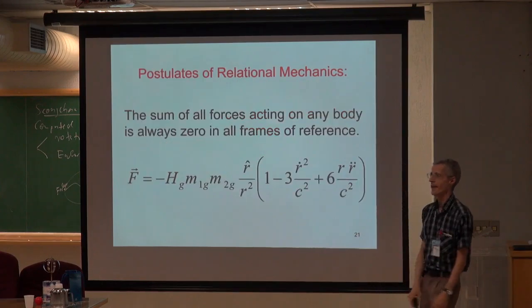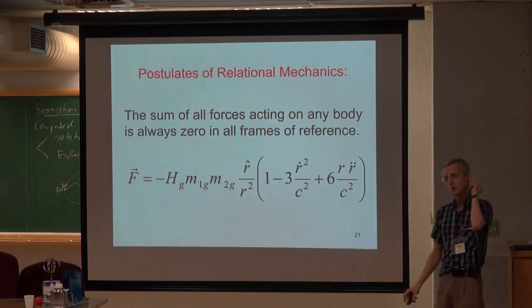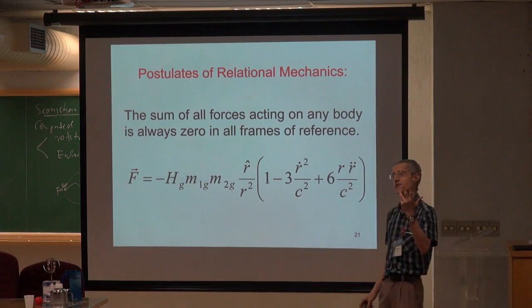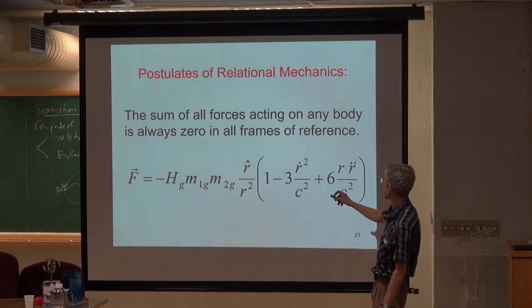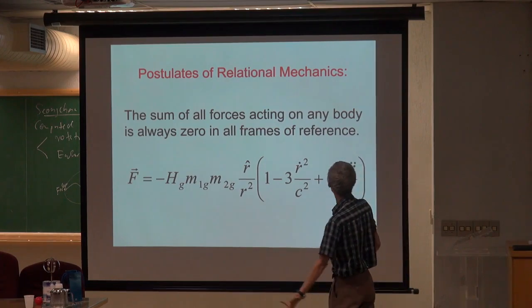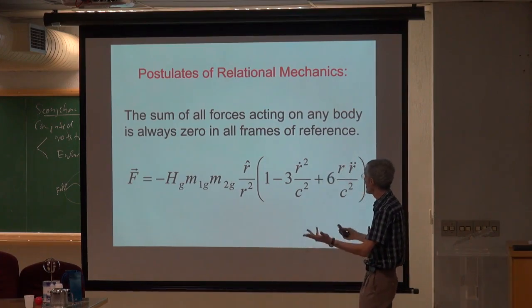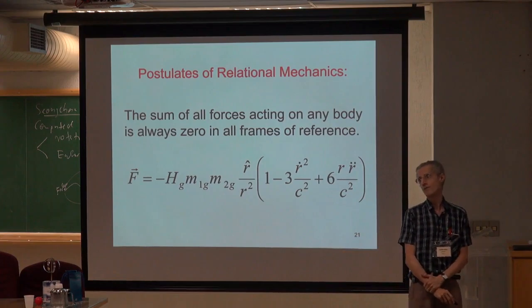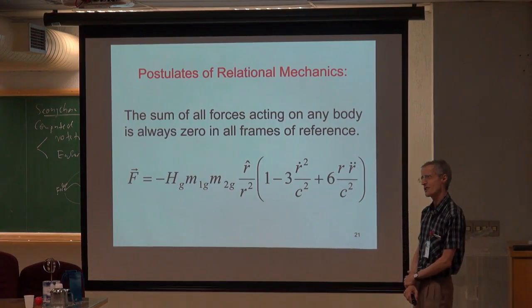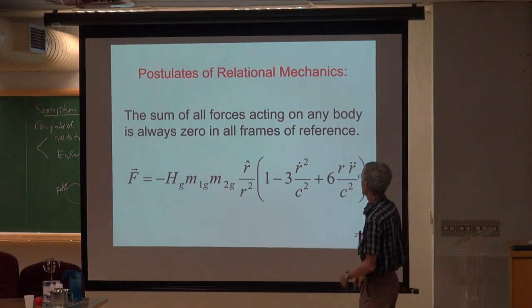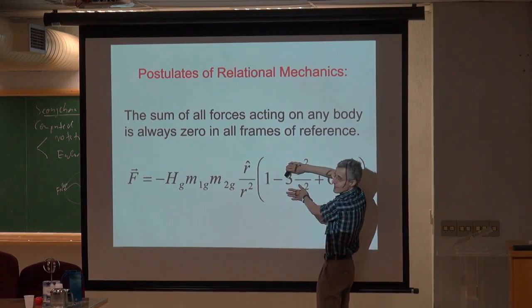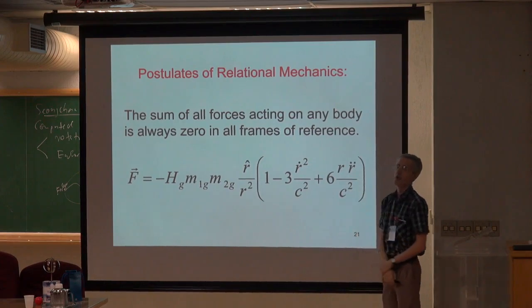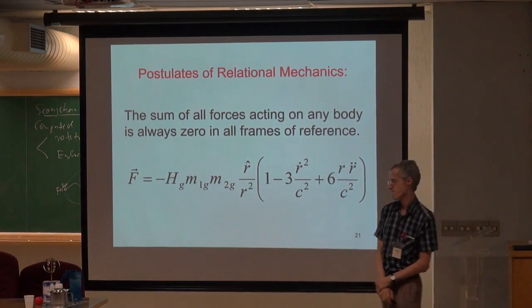What is relational mechanics? It's based on two postulates. Instead of saying F equals ma, we say that the sum of all forces acting on any body is always zero in all frames of reference. That's crazy. Yes. Instead of utilizing Newton's law of gravitation, we apply Weber's law for gravitation.